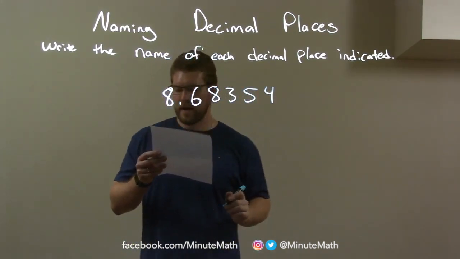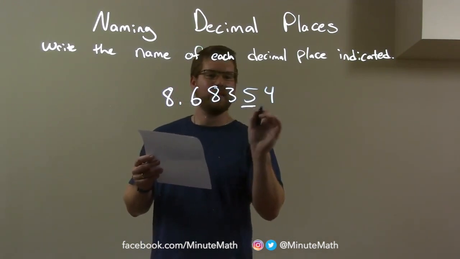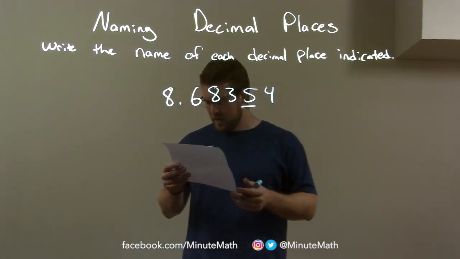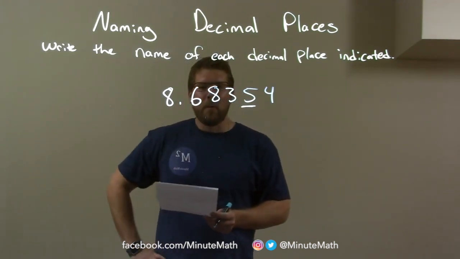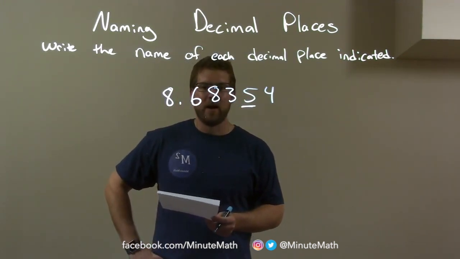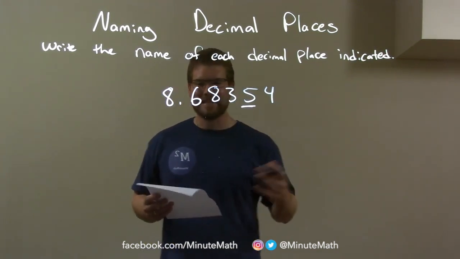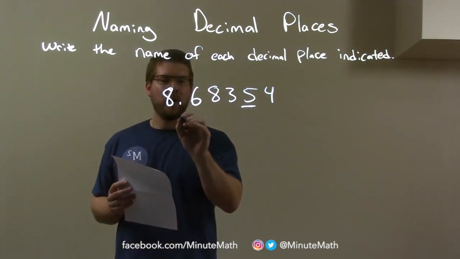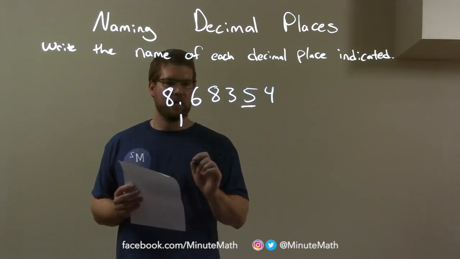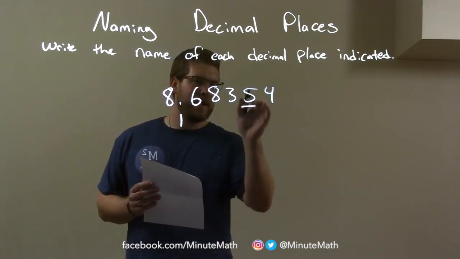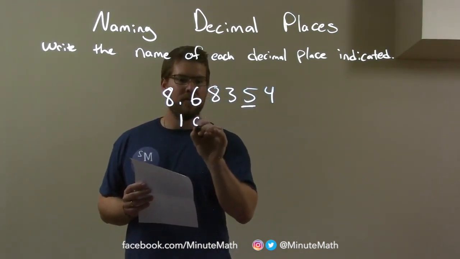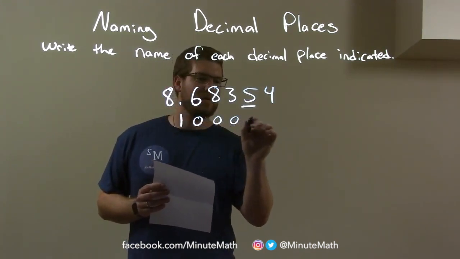8.683554. And we have a bar underneath the 5. How do we figure that one out? Well, one thing I like to do to see what place this is: I put a 1 underneath the decimal, and I put zeros all the way until the number itself, the bar. 0, 0, 0, 0.